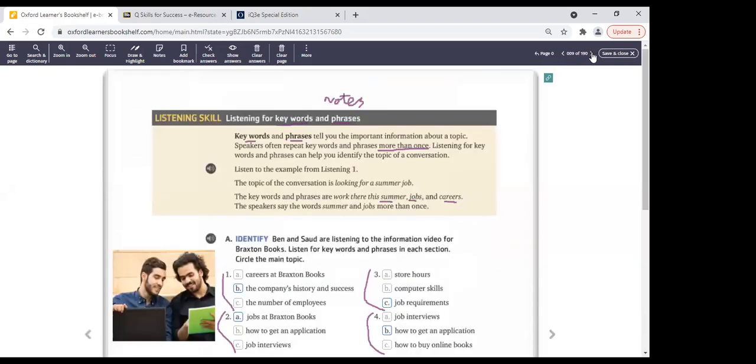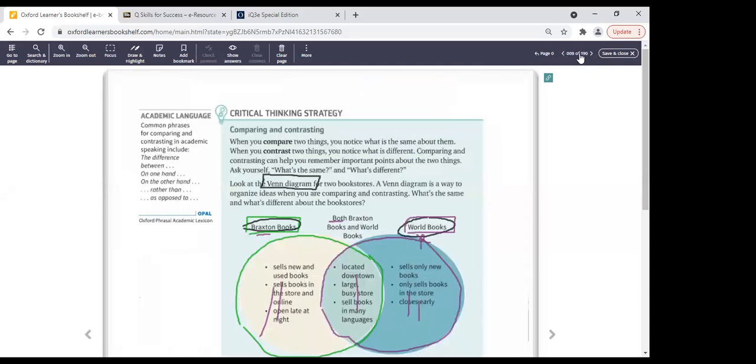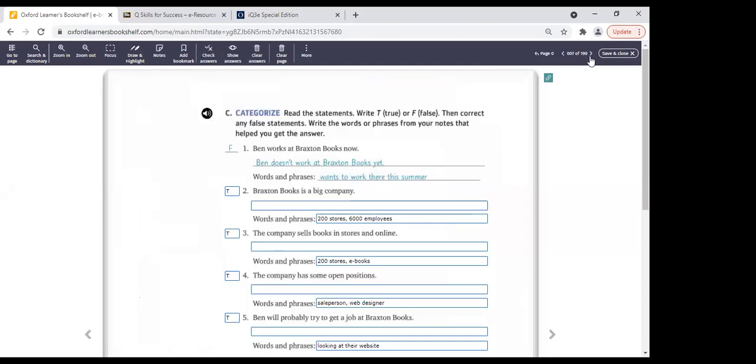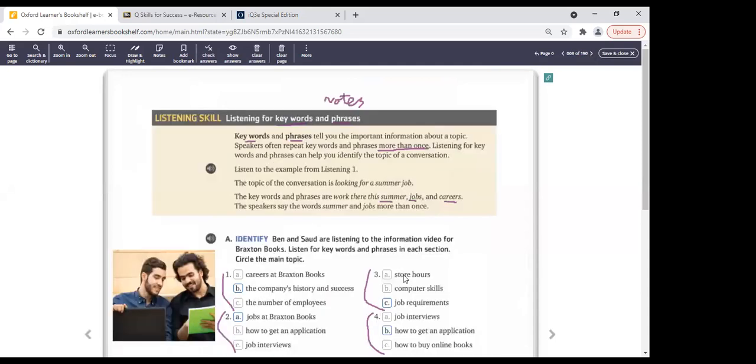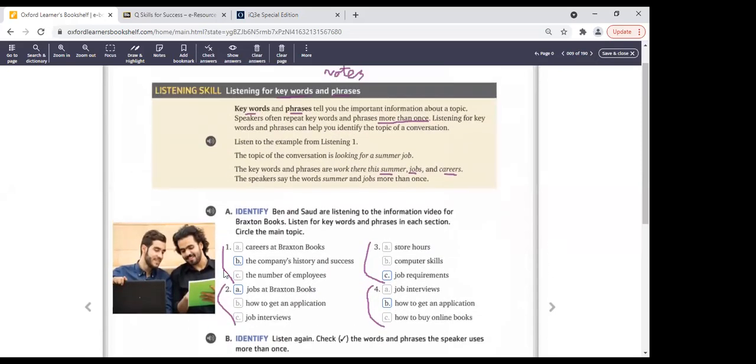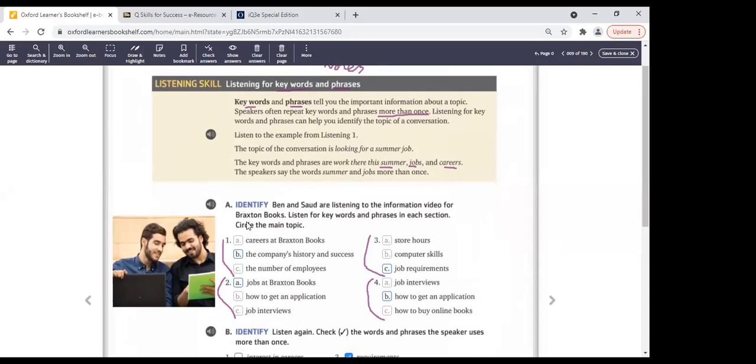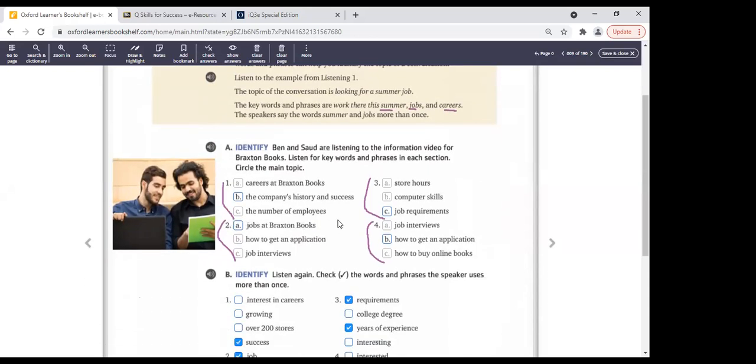What do you mean? It will be similar to how we have here. Imagine this was a reading. Imagine you read something instead of listening, and then you'll have questions like this, with multiple choice answers. Yeah, that's exactly what it is.